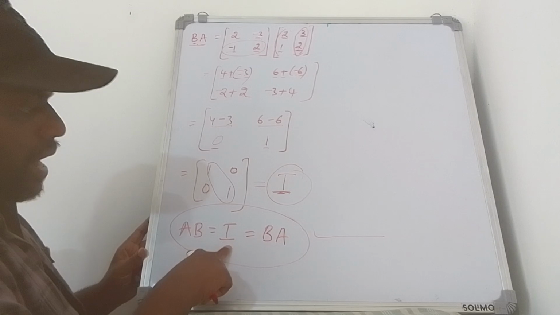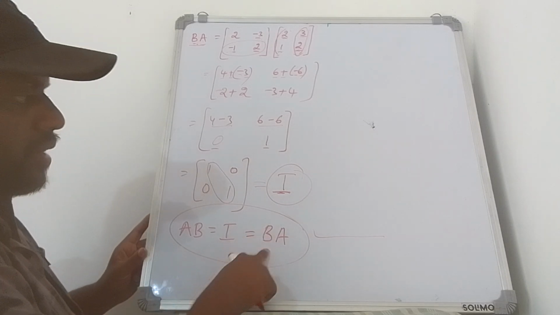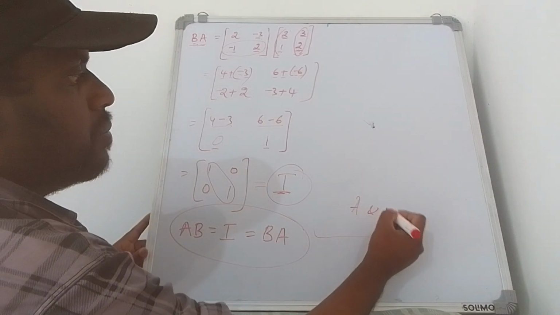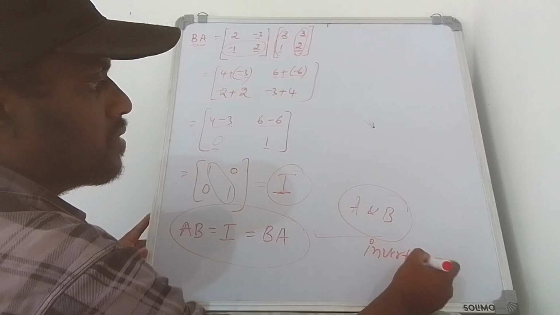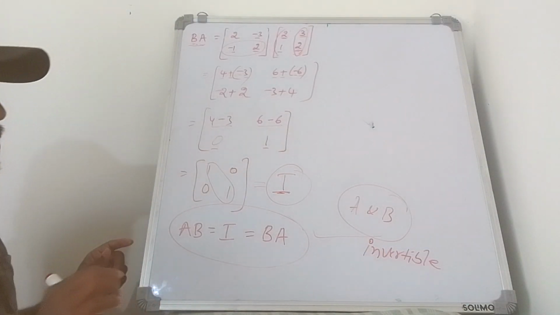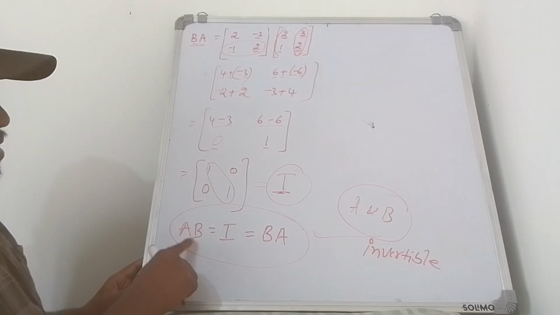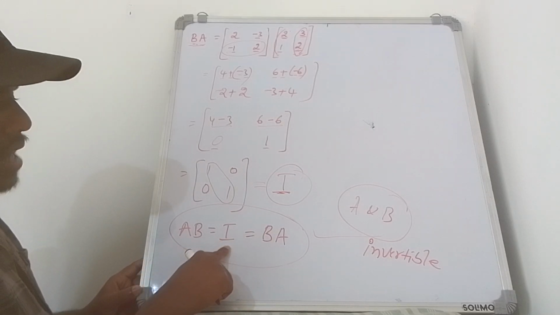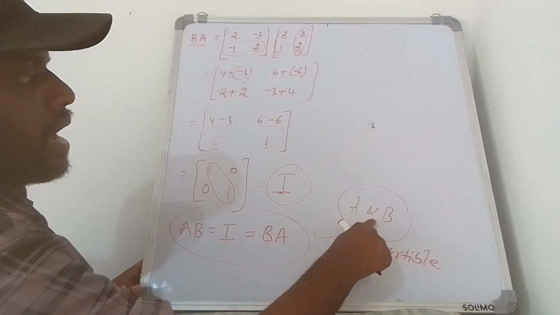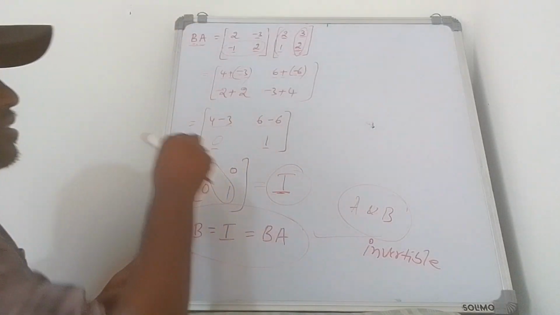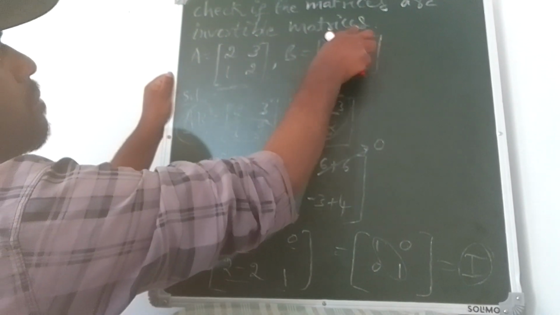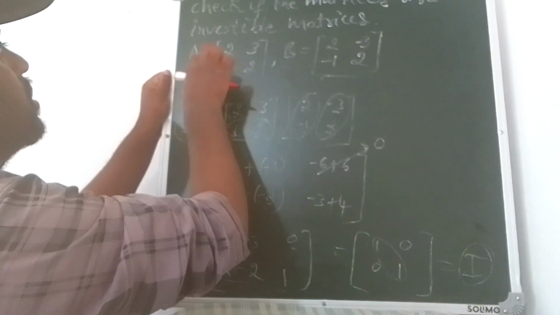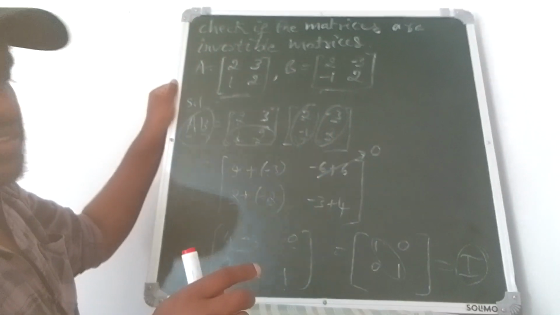When AB is equal to I, that is equal to BA, then A and B are invertible matrices. So because of this condition, since AB is equal to I and that is equal to BA, A and B are invertible matrices. Okay. The question is, check if the matrices are invertible matrices. Yes, A and B are invertible matrices.